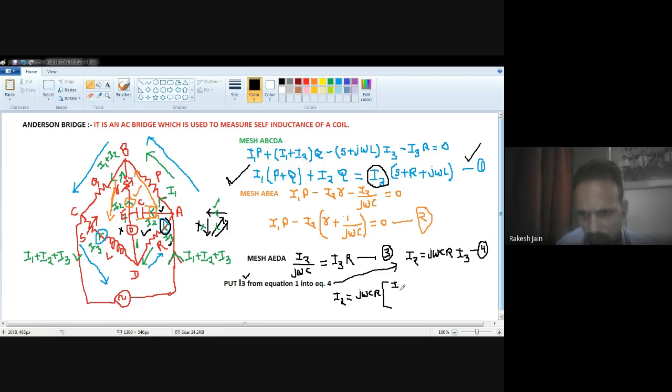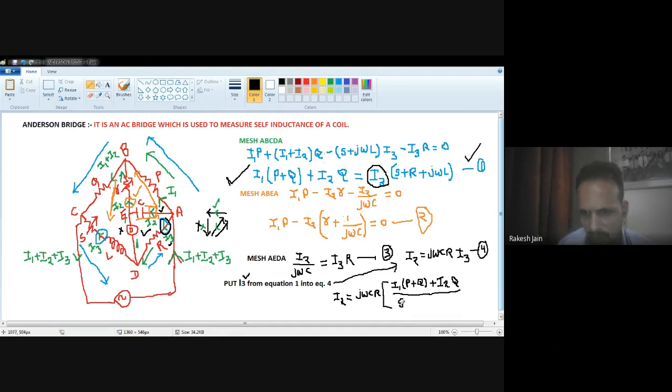So I1 in bracket P plus Q, plus I2 Q, divided by S plus R plus j omega L.